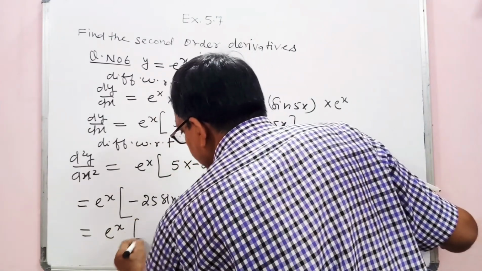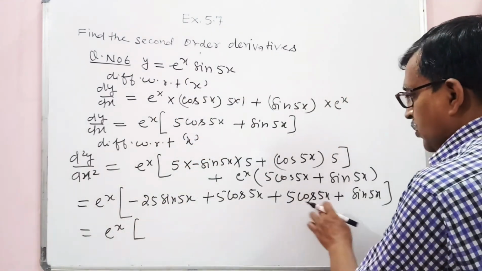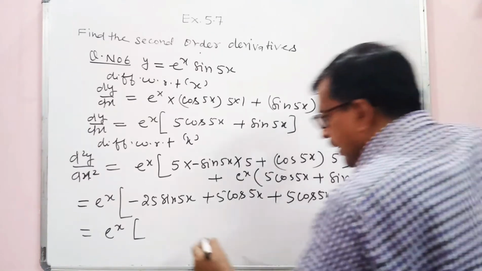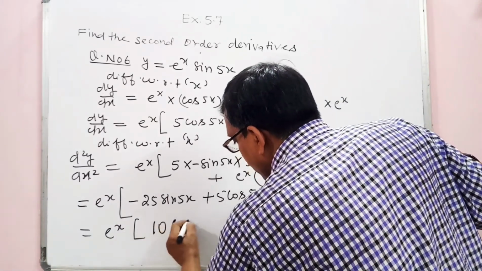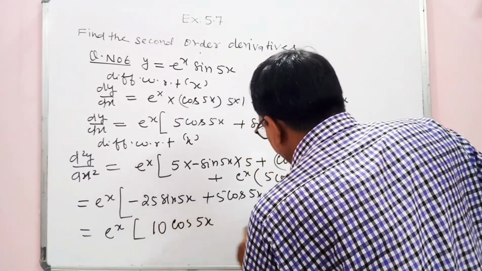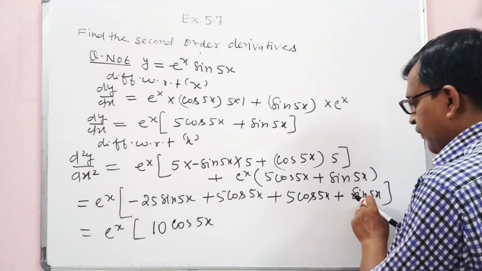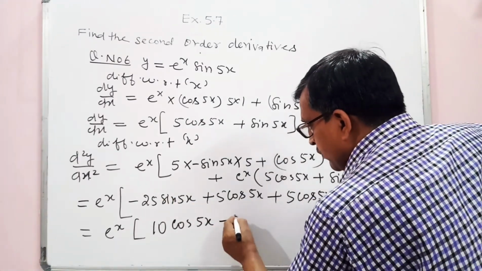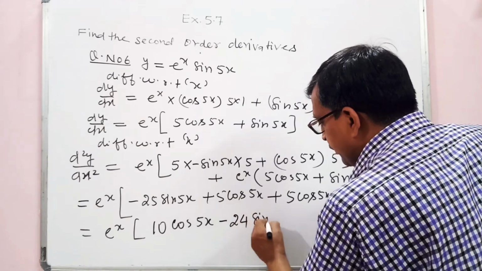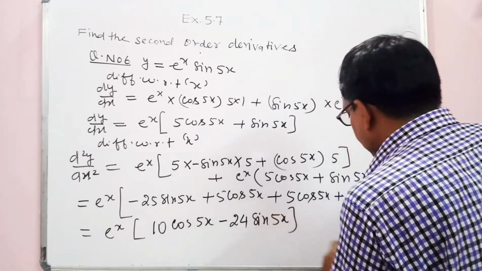So e^x (5 cos 5x plus 5 cos 5x is 10 cos 5x, and minus 25 sin 5x plus sin 5x is minus 24 sin 5x).